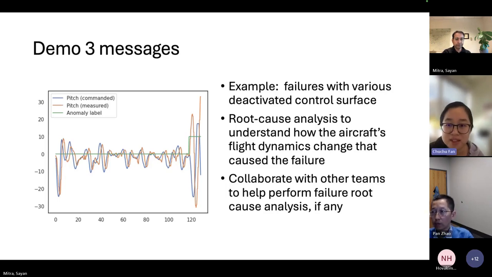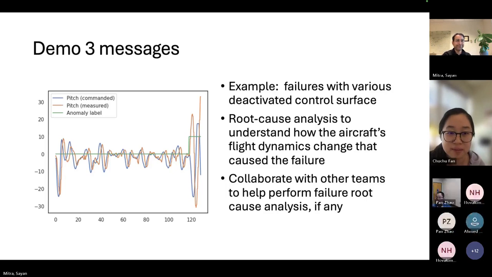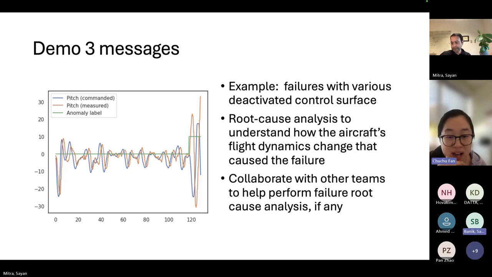Yeah, thanks. Hi, can I ask a quick question? Yeah, please. So this root cause analysis, what would you pinpoint it to? You're saying that you don't need the flight dynamics to know what the root cause would be? Yeah, a couple of things.